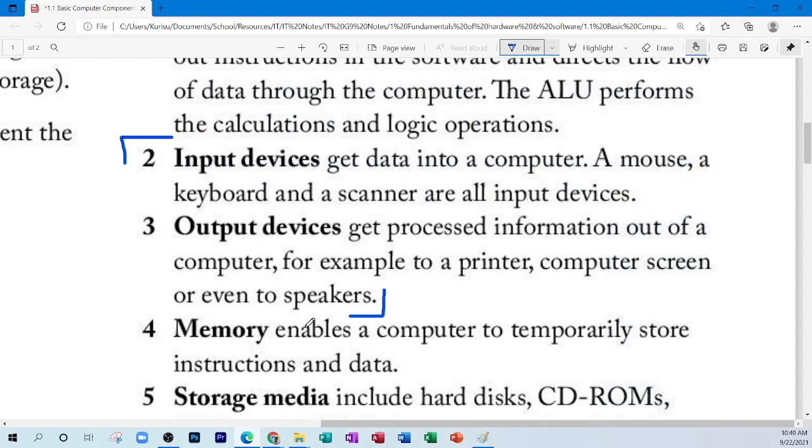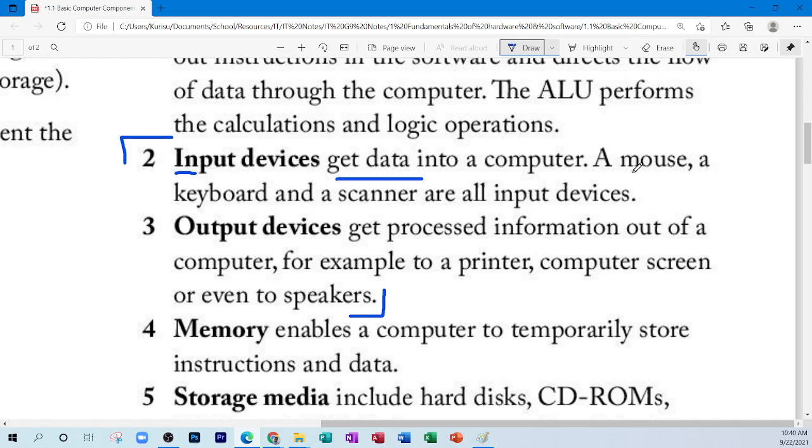So as we already determined from our IPOS cycle, an input device puts data into the computer, gets data, transfers data, however you want to phrase it. That's the purpose of an input device. Remember that first two letters, IN, data goes into the computer.